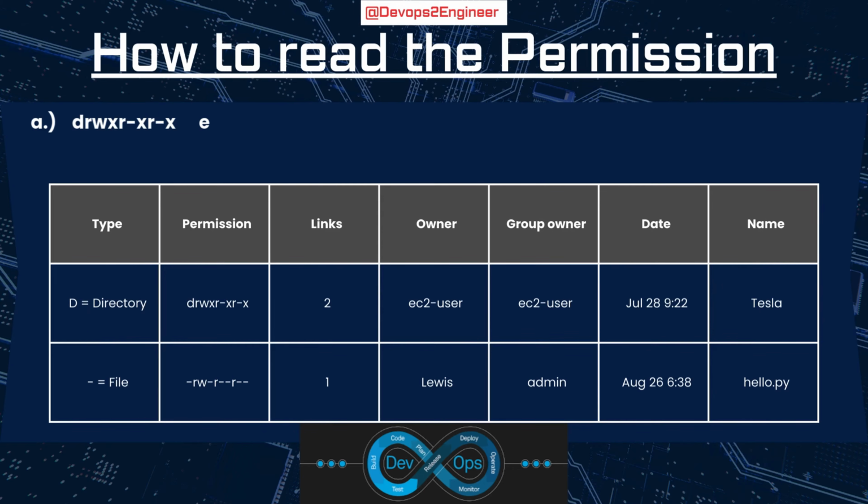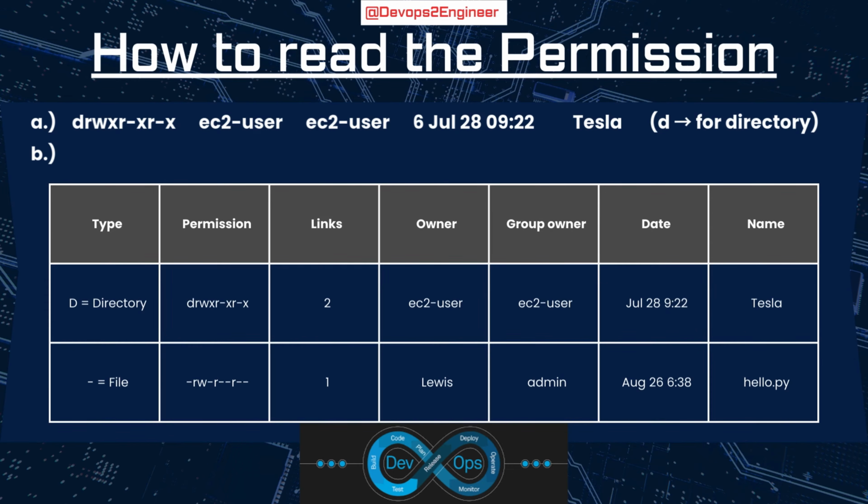How to read the permission. The first two lines are what will appear for directories and files when you do ll -h. Type D: D in front stands for directories, and the dash stands for files.